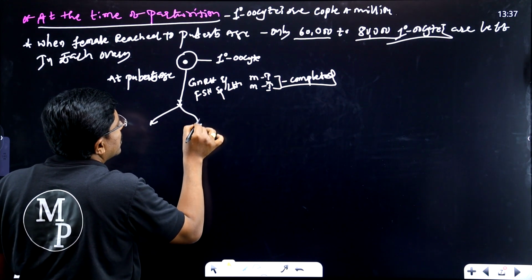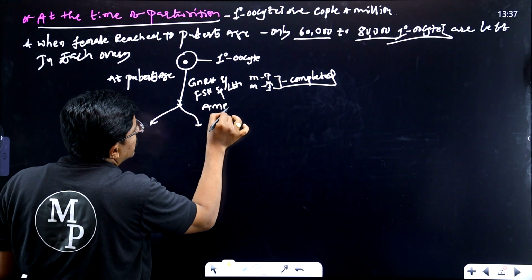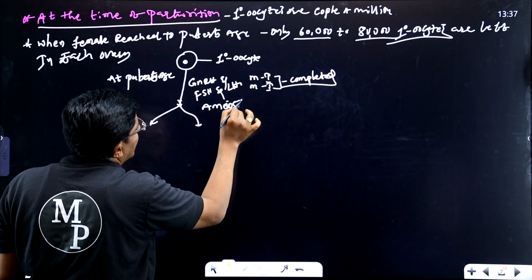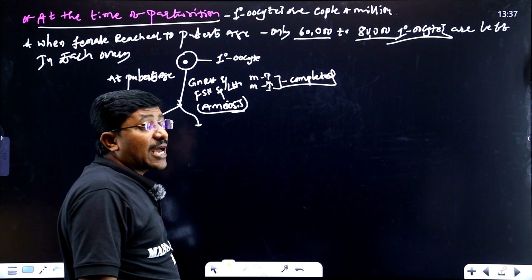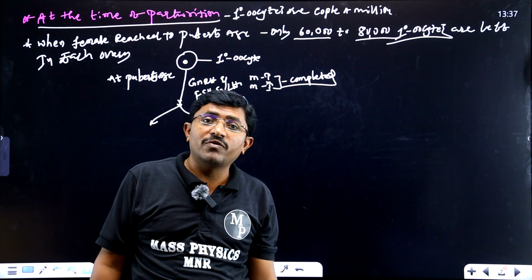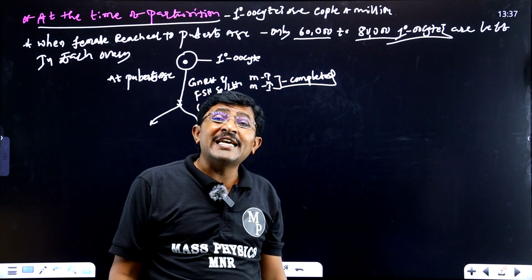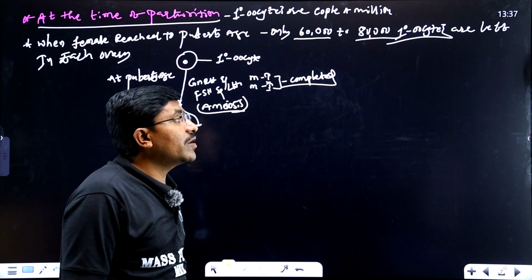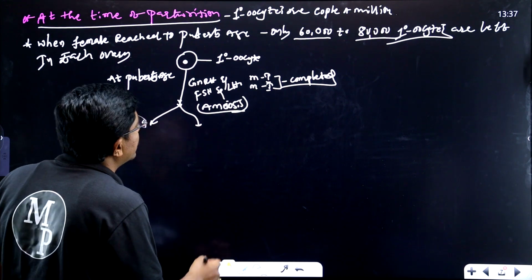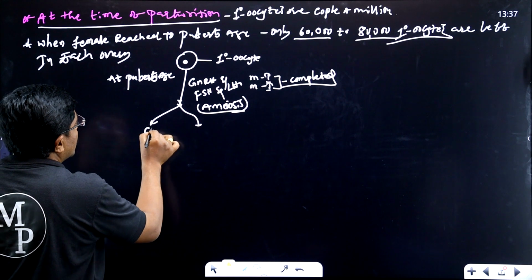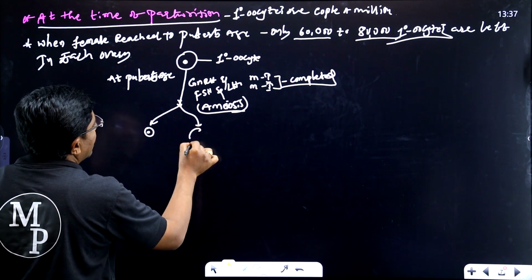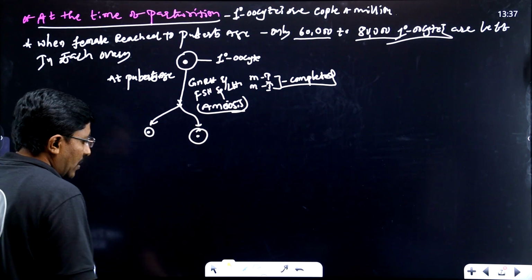This meiosis is unequal, meaning unequal-sized daughter cells are formed: one small and one large.